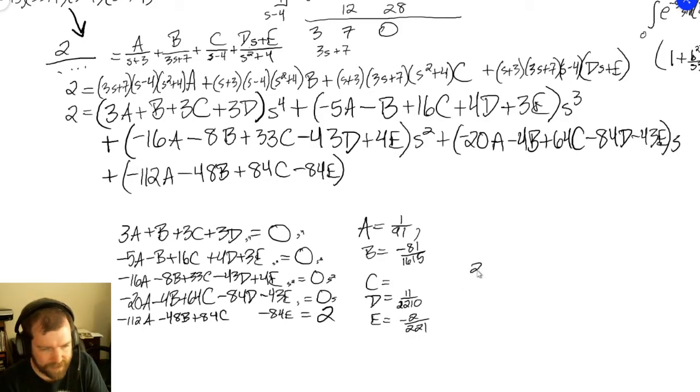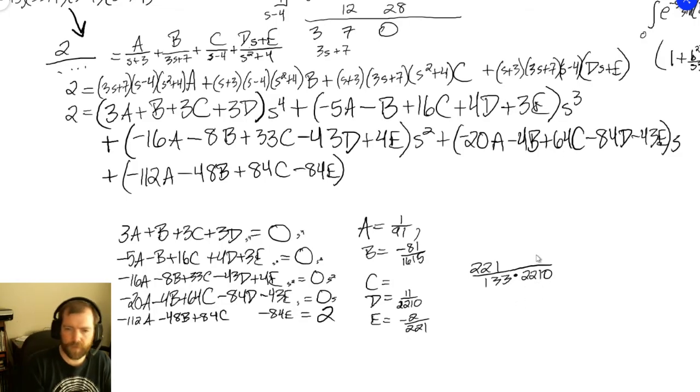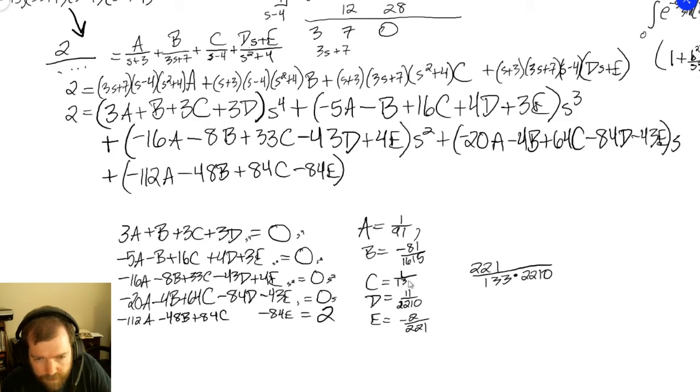All right, so this is 221 over 133 times 2210. So is this just really 1 over 1330? It is. All right, so apparently it was having problems with 1 over 1330.